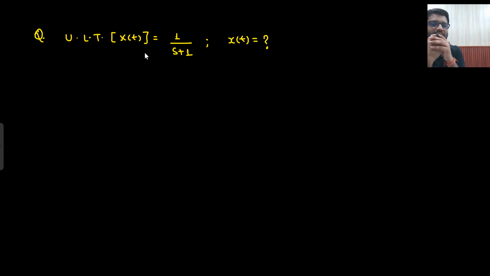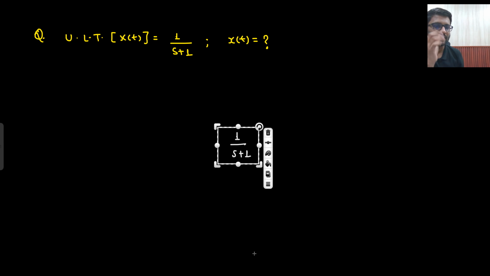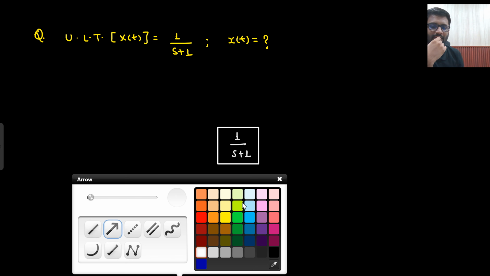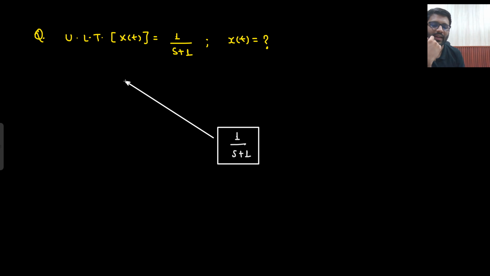The unilateral Laplace transform of x(t) is 1 upon s plus 1. Let me know what all the possible choices of x(t) are. Do it on your own. What I am saying is, 1 upon s plus 1 is your unilateral Laplace transform. What could your x(t) be? I am saying that my x(t) could be e to the power minus t. Is this true?